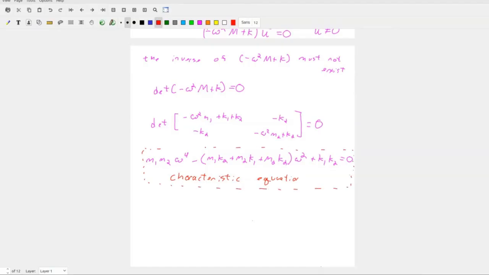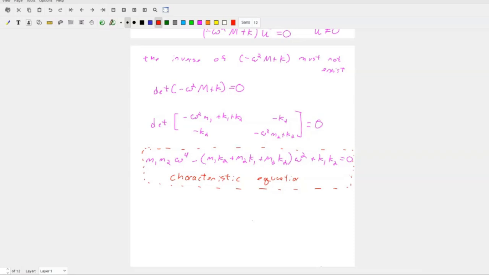And we have to solve for the determinant equal to 0 because we can't have an inverse, we can't have mode shapes equal to 0, we can't have e to the j omega t equal to 0. The characteristic equation can be solved by our good friend, quadratics. Remember quadratic formulas?